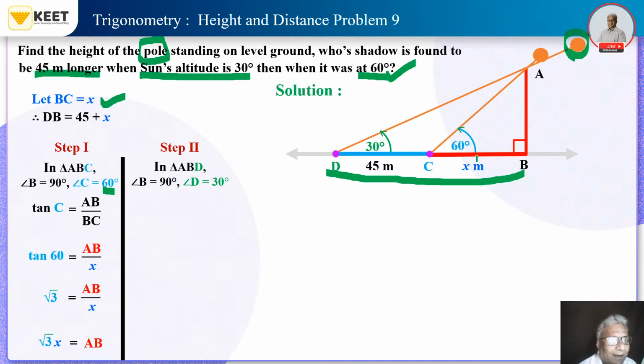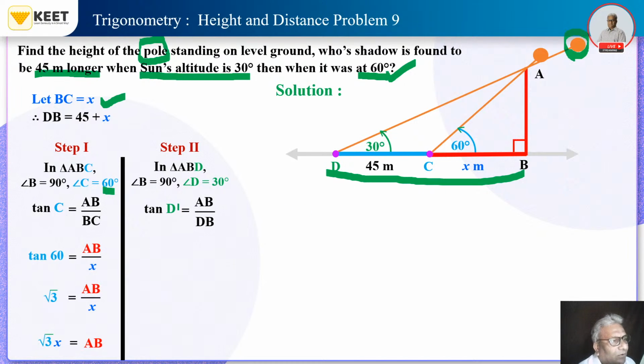Similar to the first part, opposite and adjacent, so the ratio is the tan ratio. Here we handle the acute angle D, therefore tan D equals opposite AB upon the adjacent side, DB or BD, whichever you write, it is okay.